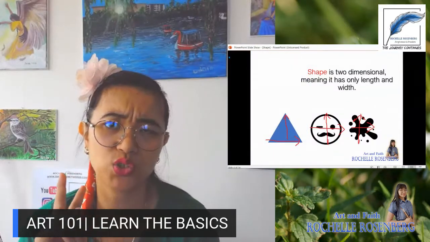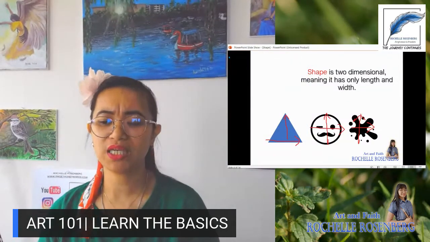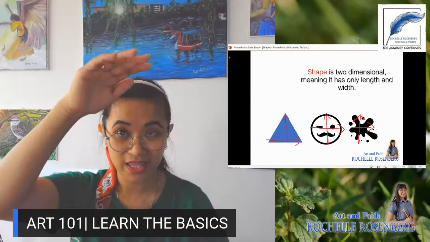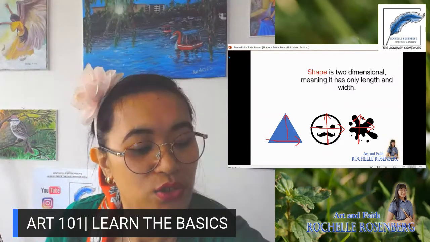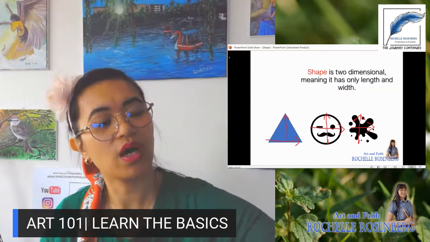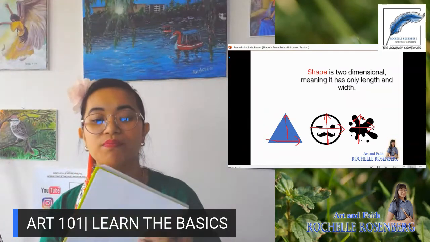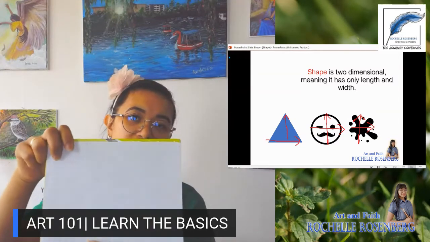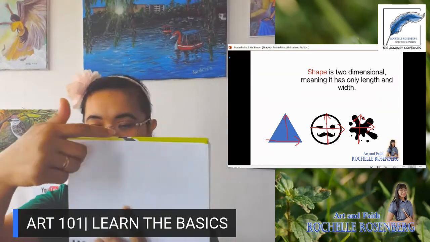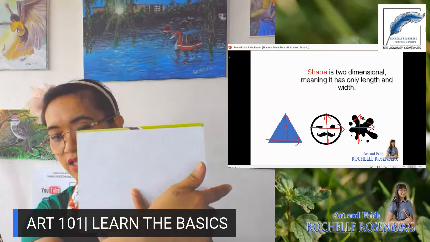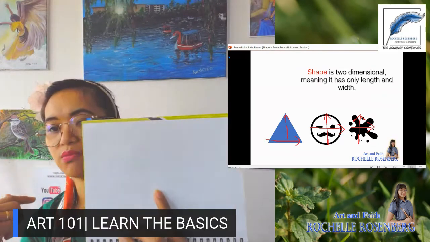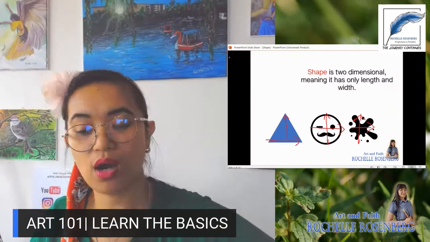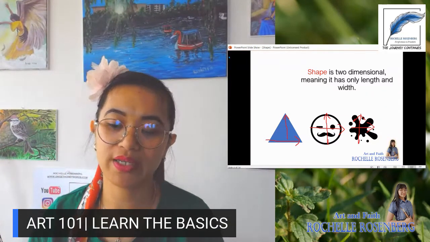Now shape is two-dimensional, meaning it has only length and width. If I tell you about this notebook, this is the shape of a rectangle. It has the height and the width, so you will know how long it is and how wide it is.